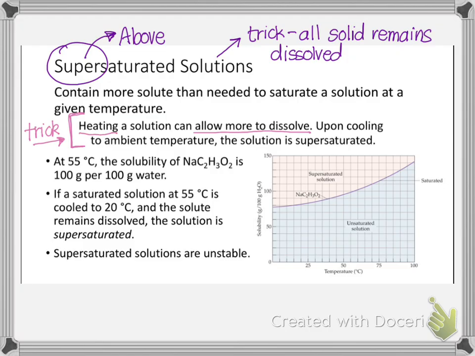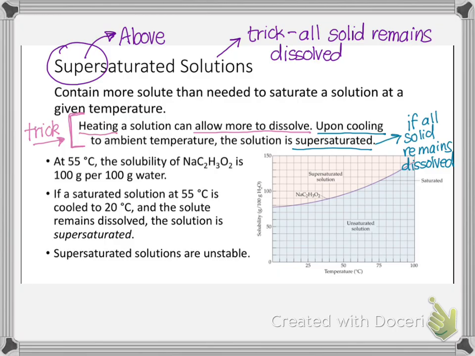But then what happens is you cool it. So upon cooling, the solution is supersaturated if all the solid remains dissolved. So the only way a solution is supersaturated is if you heat it up, which raises the limit, then you cool it carefully back down, and all of it stays dissolved.